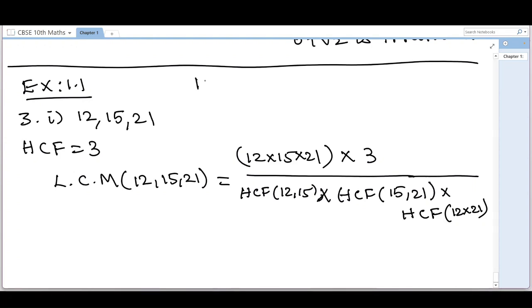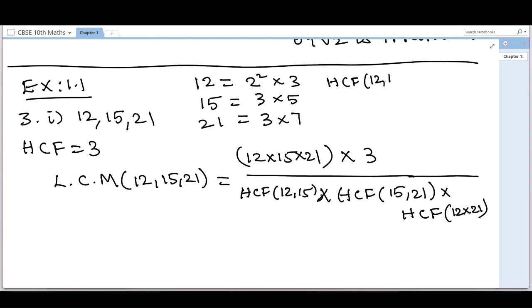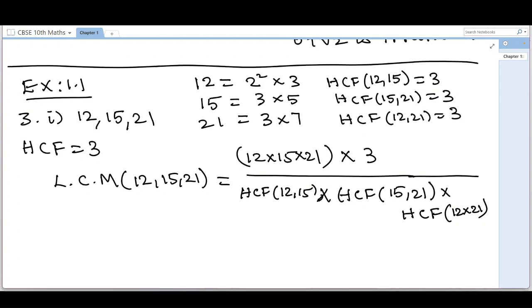Before that, let me write the prime factorizations of these numbers. 12 is 2 square into 3, 15 is 3 into 5, and 21 is 3 into 7. So the HCF of 12 and 15 is 3. HCF of 15 and 21 is 3. HCF of 12 and 21 is again 3.